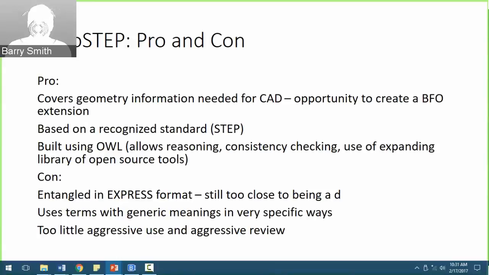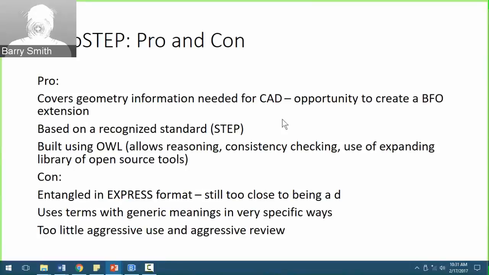And so I think we have an opportunity here to use the geometry parts of OntoSTEP to create an extension within the IOF, which I think would be rather easy to create in such a way that it would descend downwards from BFO.